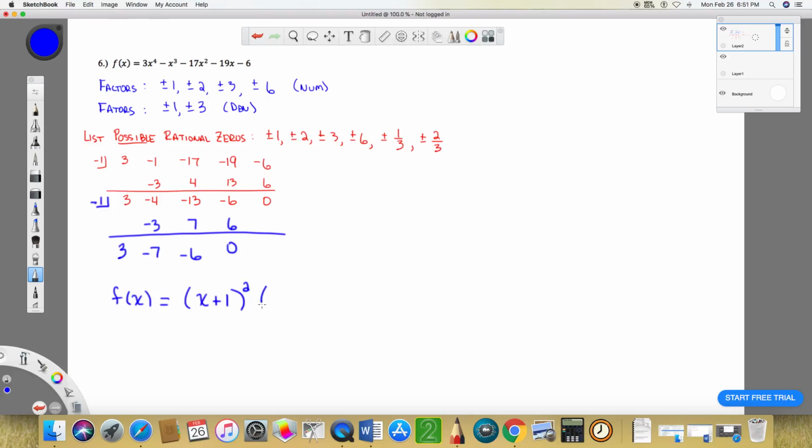This 3x squared minus 7x minus 6, if we do our x method.